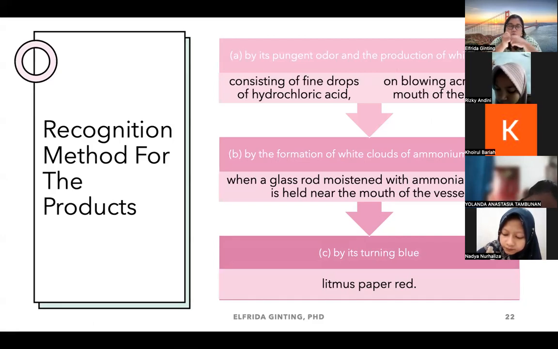If you mix it in the test tube, then on the wall of the test tube it will be like a white cloud. And if you put it on litmus paper, it will turn from blue to red.